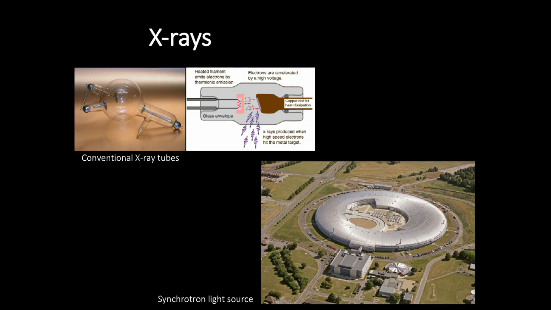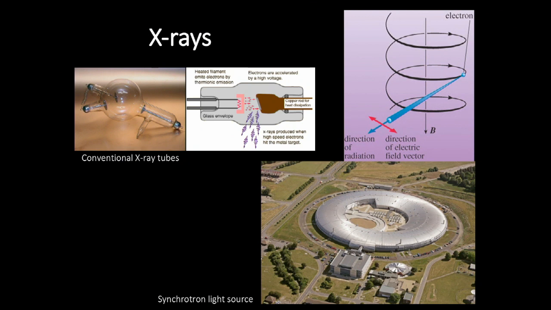This is the UK synchrotron source Diamond, which is much bigger, it can be kilometric in size. And we use a different approach for producing the radiation. We essentially accelerate electrons, and we put a magnetic field, and when the electrons are bent, they produce the radiation or light, and we use this light for the experiments. So that's what we have at synchrotrons.